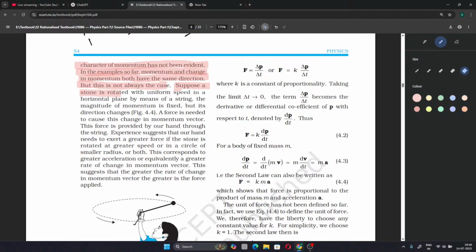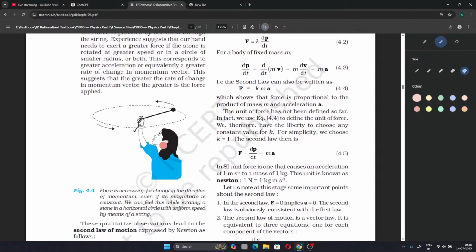Suppose a stone is rotated with uniform motion in a horizontal plane by means of a string. This is the diagram. Basically, you are rotating the stone using a string. Force is necessary for changing the direction of momentum, even if its magnitude is constant.